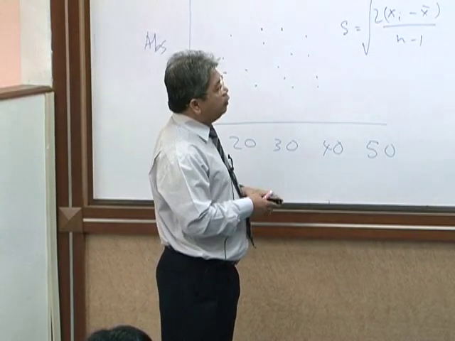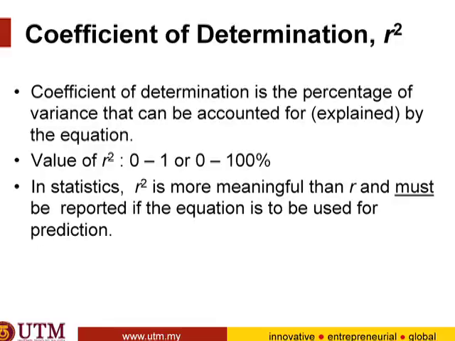Okay, there's another parameter which we can use to measure how good our line is: R square. R square is the square of R, and R is the square root of R square.